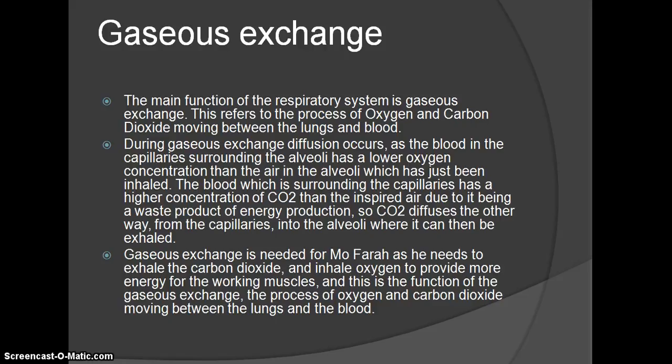The blood surrounding the alveoli has a higher concentration of CO2 than the inspired air due to it being a waste product of energy production. So CO2 diffuses the other way, from the capillaries into the alveoli, where it can be exhaled.